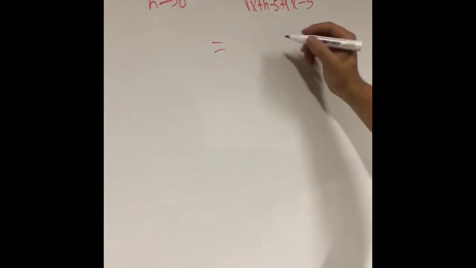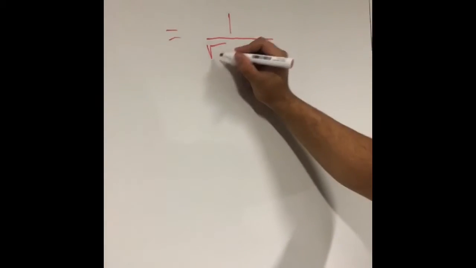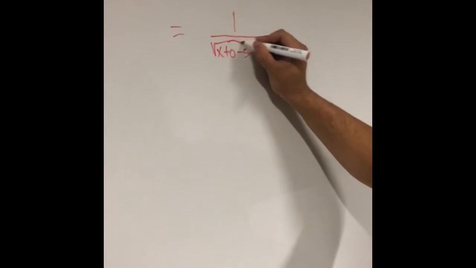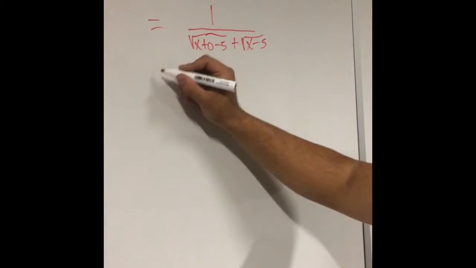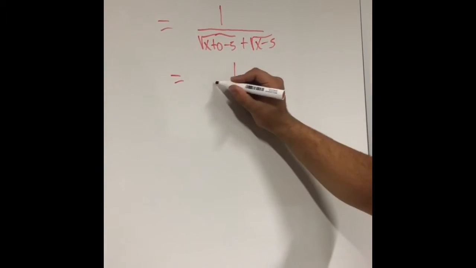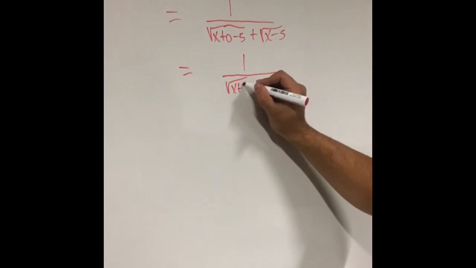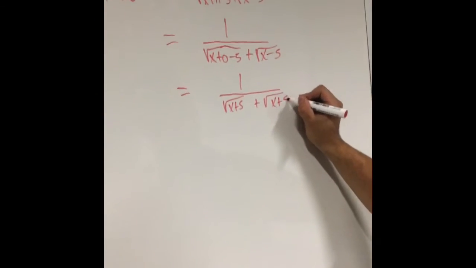So that would equal 1 over root x plus 0 minus 5 plus root x minus 5, which would just leave us with 1 over root x minus 5 plus root x minus 5.